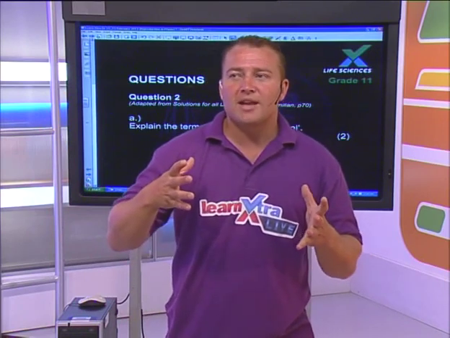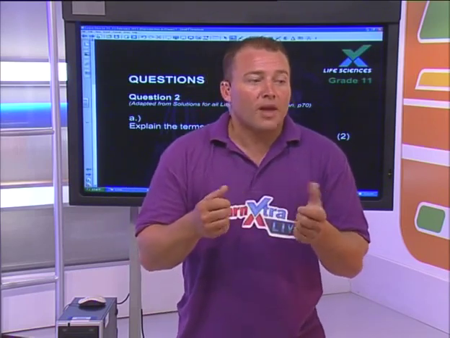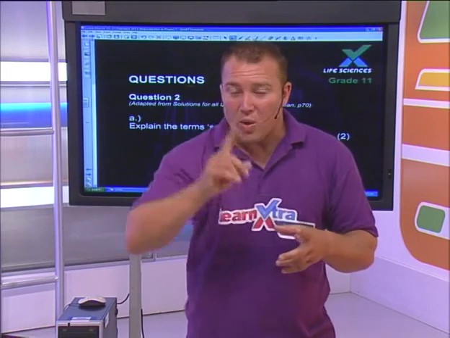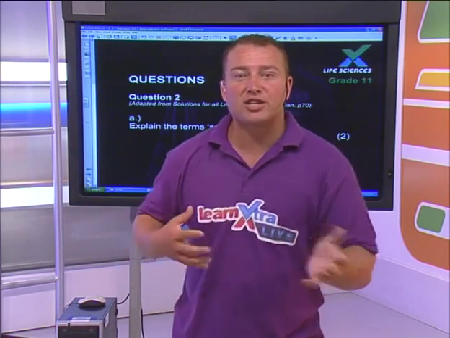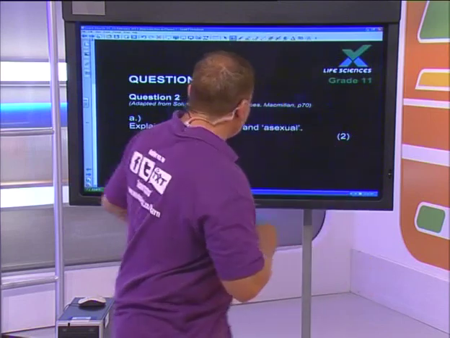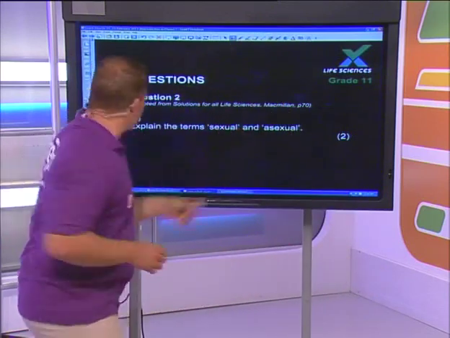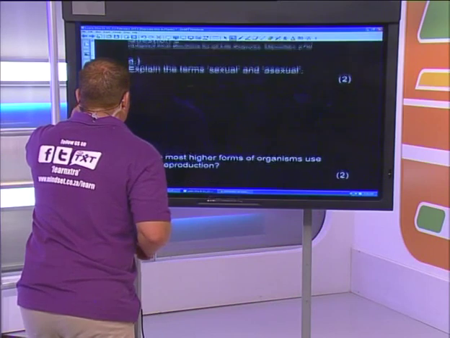We don't have sex. We get a new person made from only one person by itself. We have things like mitosis. You remember that? Right, so that's asexual and sexual. Now, let's look at the next one.